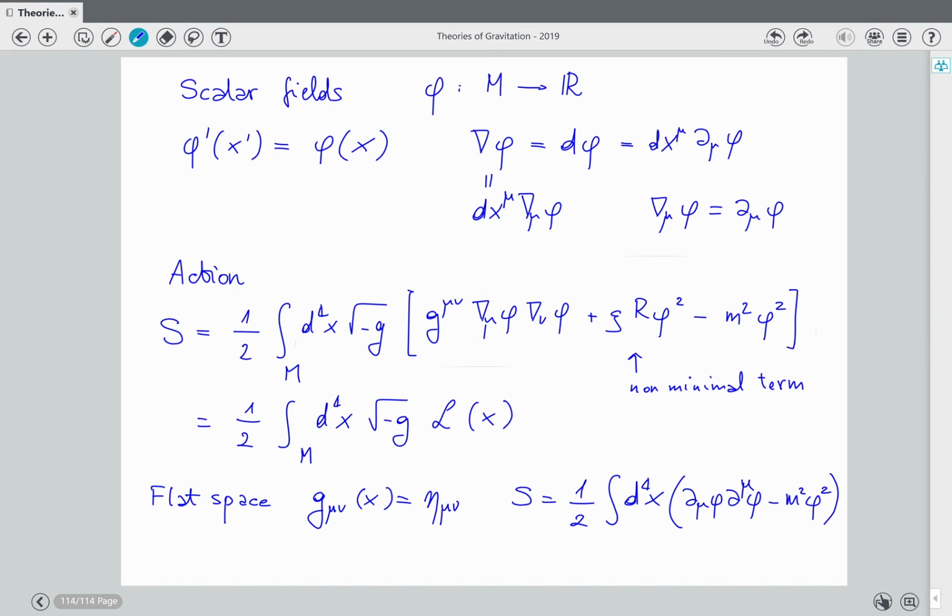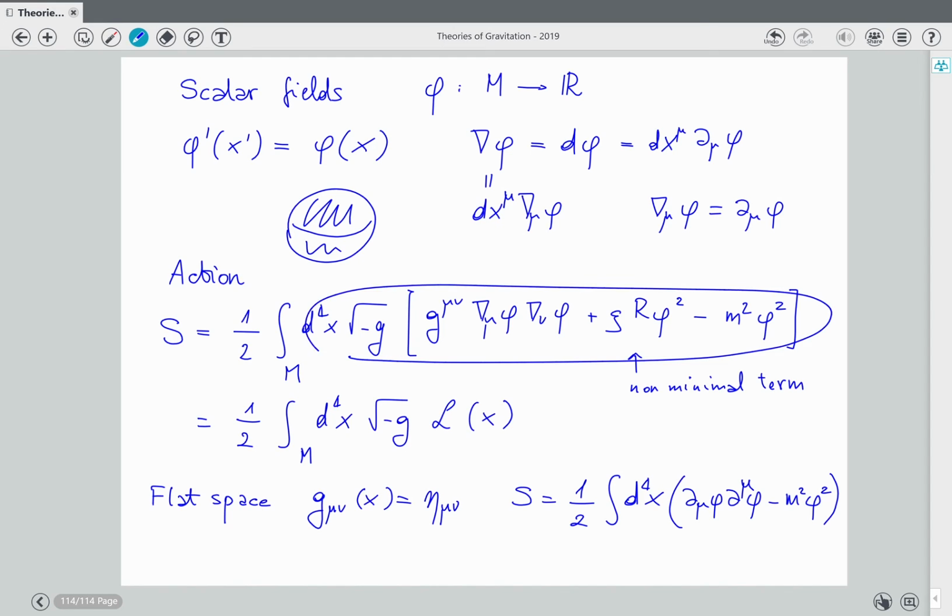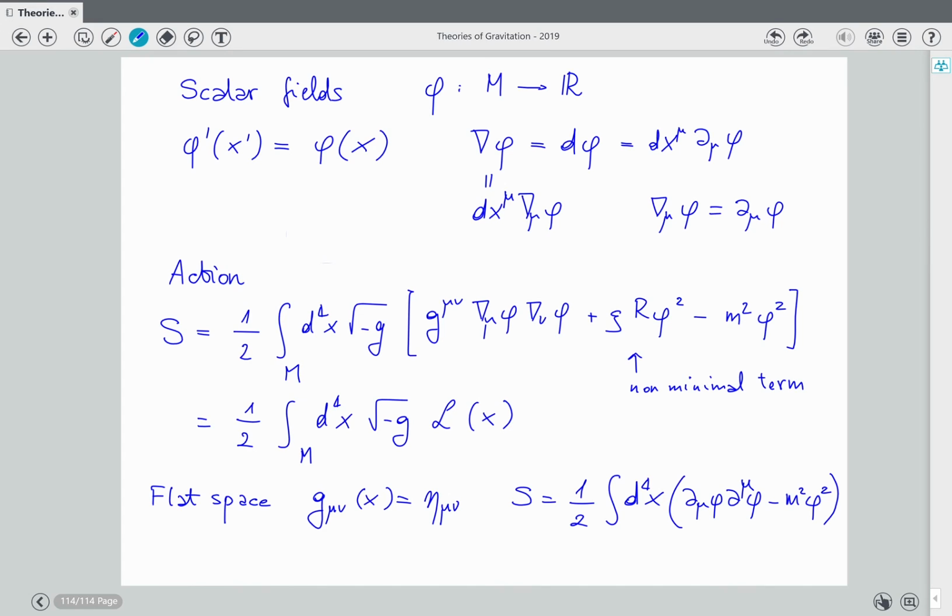For example, on the sphere, you compute the integral in the upper hemisphere with some coordinates, and when you go to the southern hemisphere, you have to change coordinates, because otherwise these are singular. But no matter how you split, you will never find anything different. So that is why it is written as an integral on the manifold.